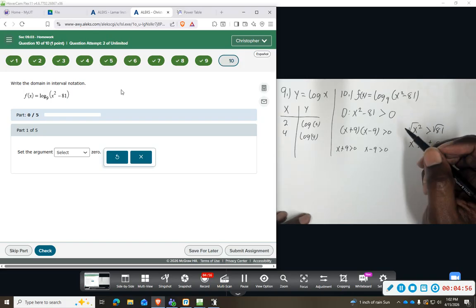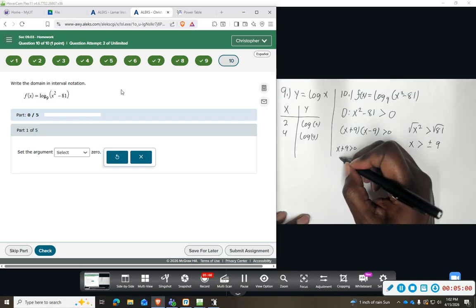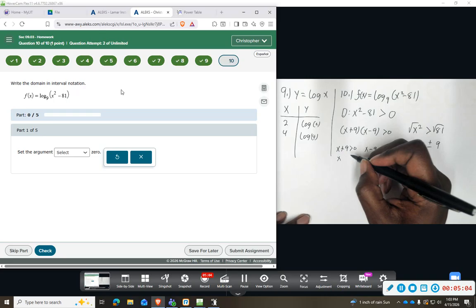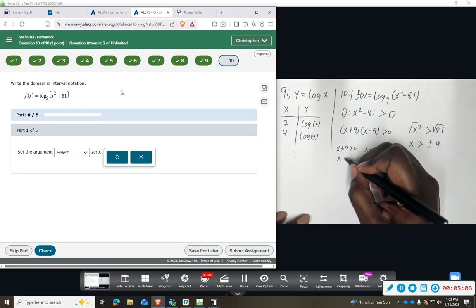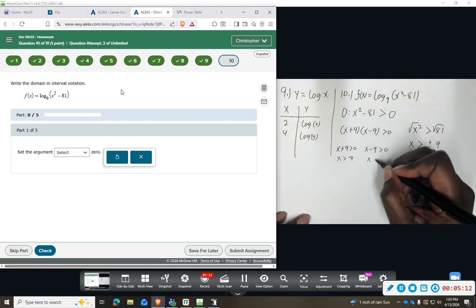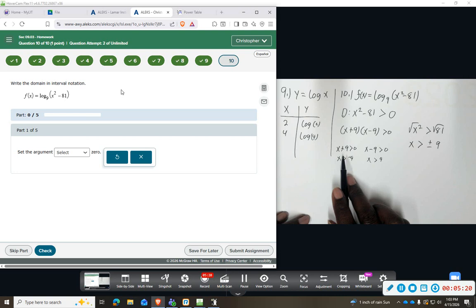Here I would subtract 9 and x has to be greater than -9, and x has to be greater than +9.